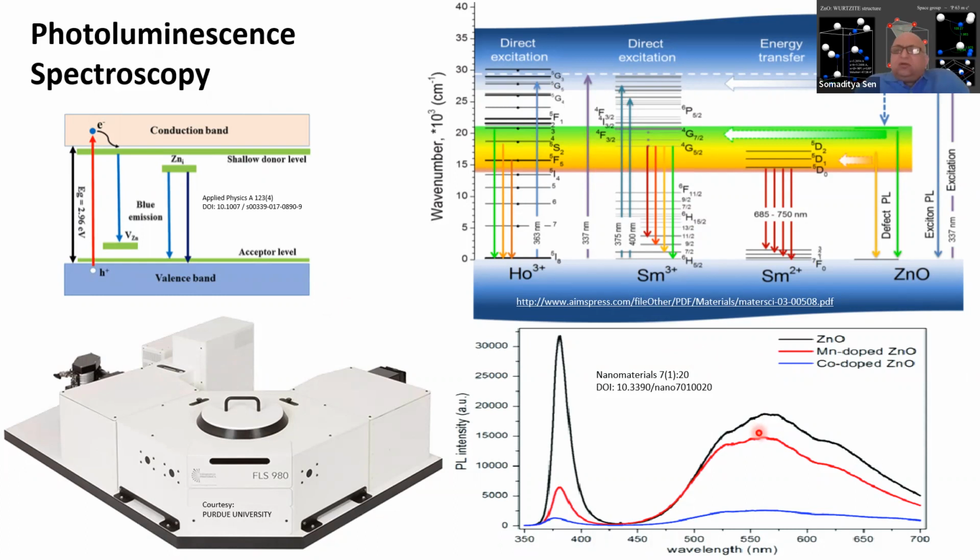Anyway, so now when you do this type of thing, you have the chance that the dopant will have its own states, right? Like in this case, here is an example where holmium 3 plus has been doped. When you dope holmium 3 plus, it has its own energy states.